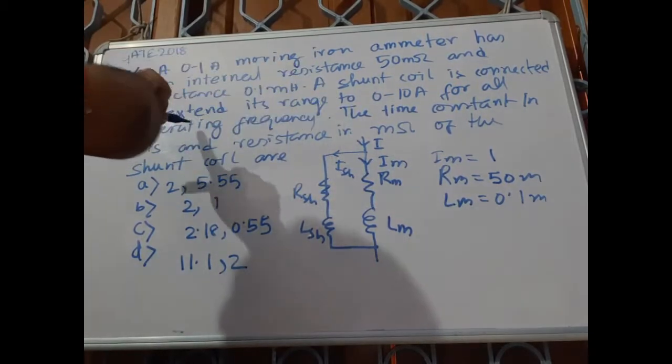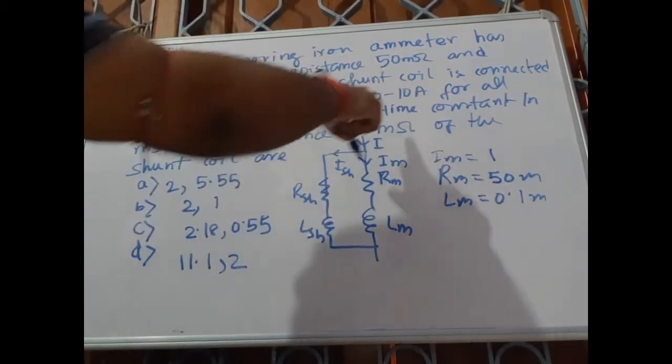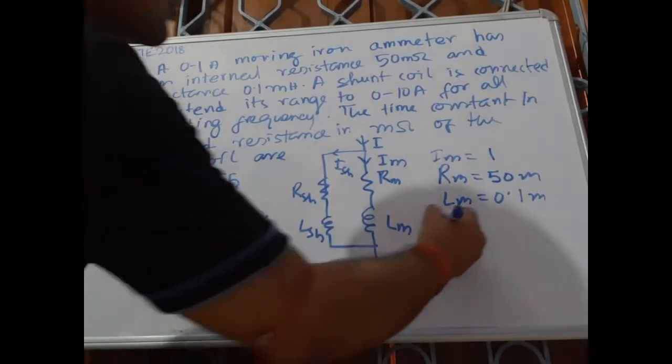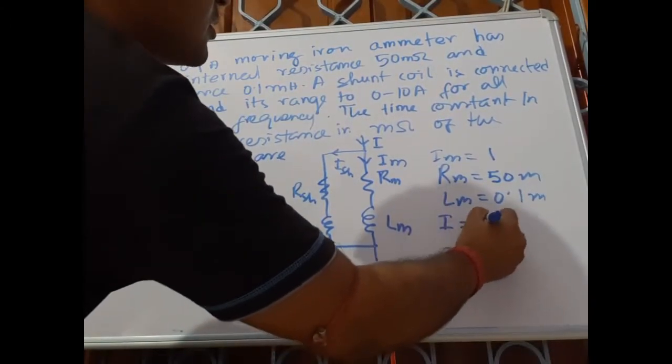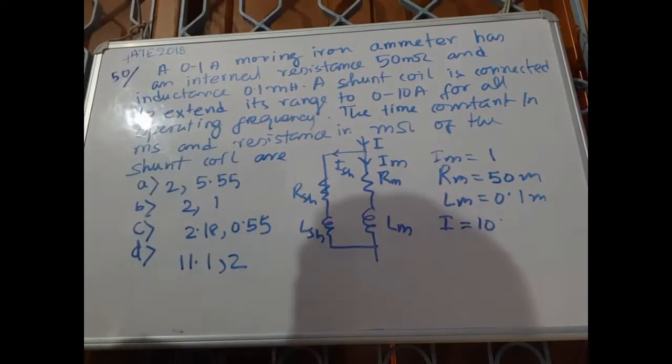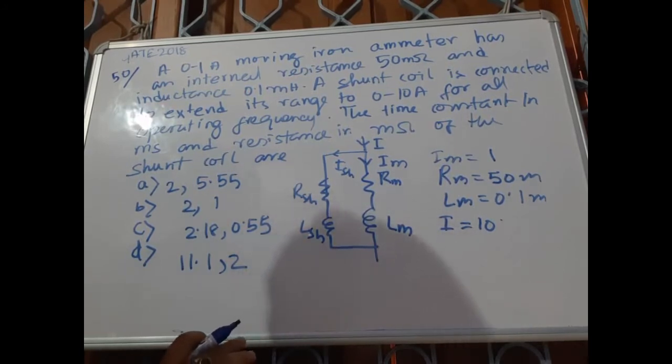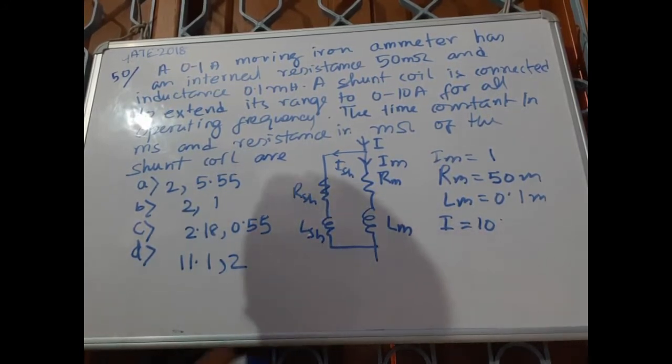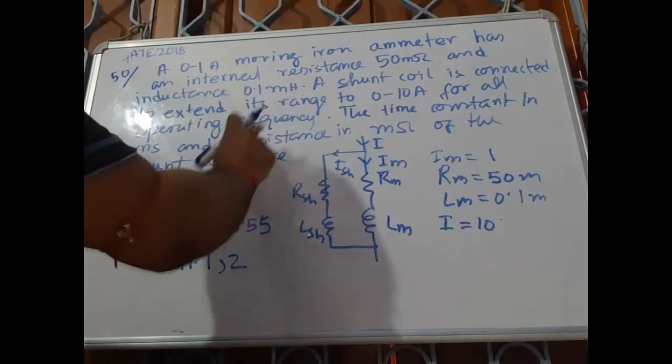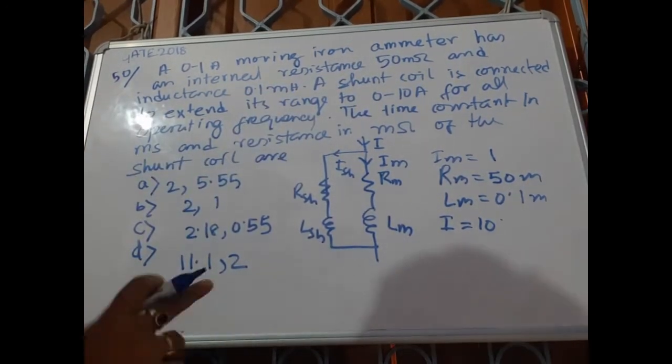The extended range is 0 to 10 ampere, so the total current I is equal to 10. Now we have to find the time constant and the resistance of the shunt coil.